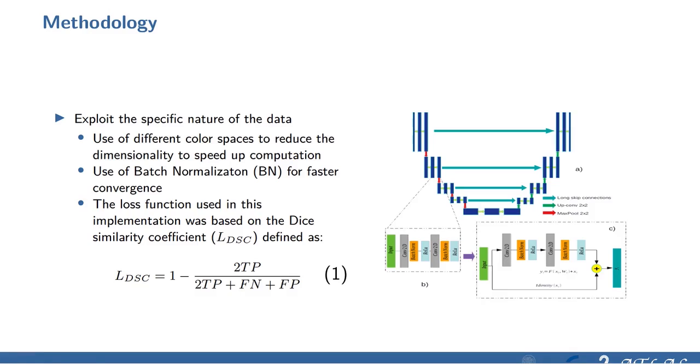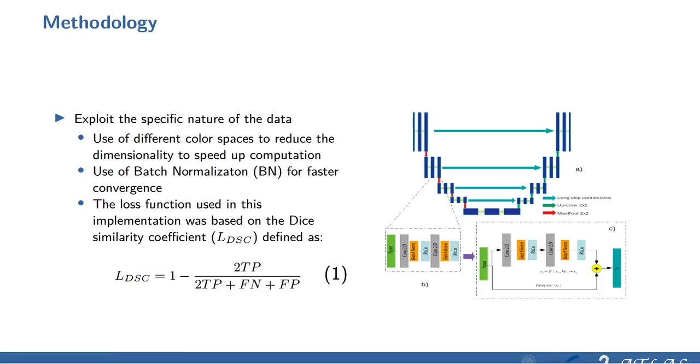We started by analyzing different architectures for lumen segmentation. We started with a fully convolutional neural network, in this case UNet in its original representation. But we realized that this wasn't enough, so we proposed some modifications.